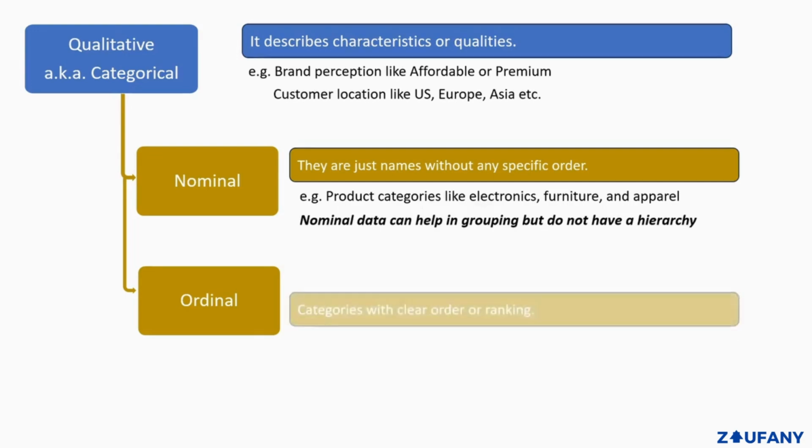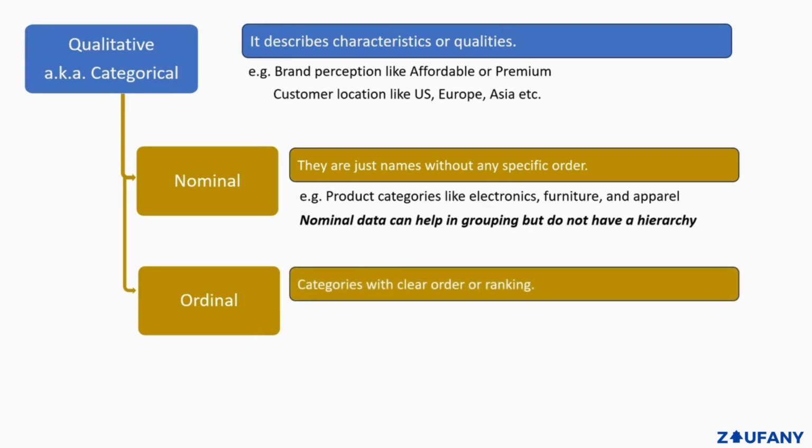Ordinal data, on the other hand, has a clear order or ranking. For example, customer satisfaction levels of unsatisfied, neutral, and satisfied. These values can be sorted based on satisfaction level.